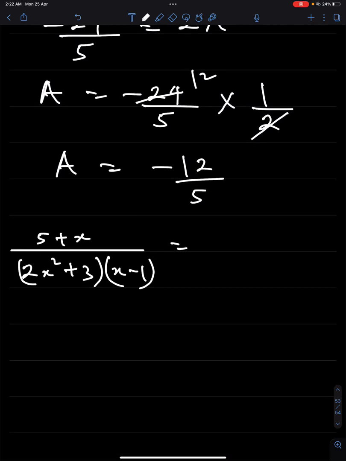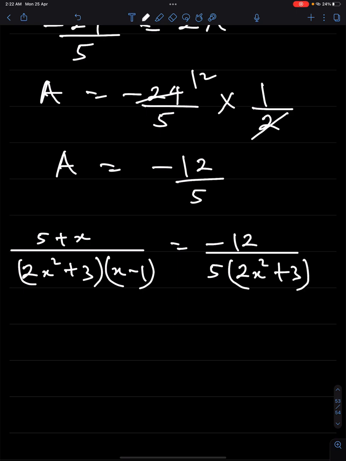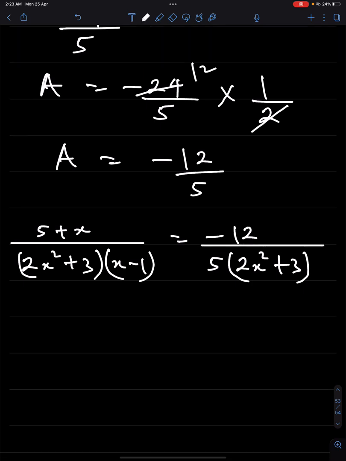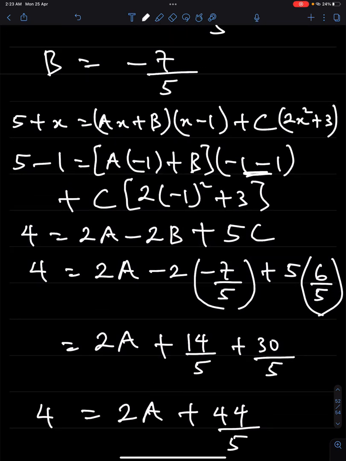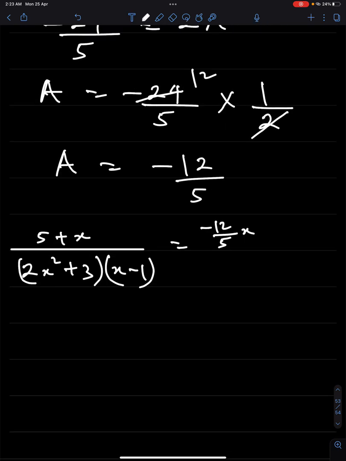So that's minus 12 over 5 into bracket 2x squared plus 3. It's supposed to be ax plus b. So that's going to be minus 12 over 5x plus b. What is b? b is minus 7 over 5. Plus b will simply mean minus 7 over 5, all over 2x squared plus 3.